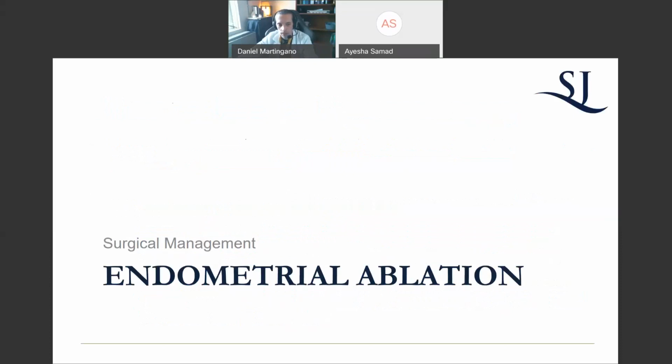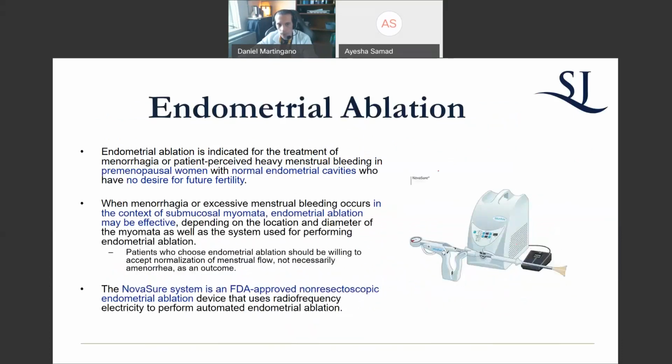So endometrial ablation is a procedure where the endometrial cavity is ablated, meaning that the tissue is coagulated in its entirety by different methods.